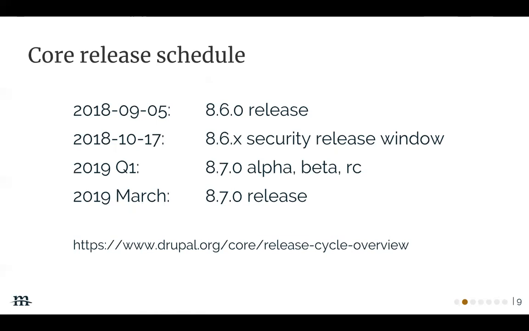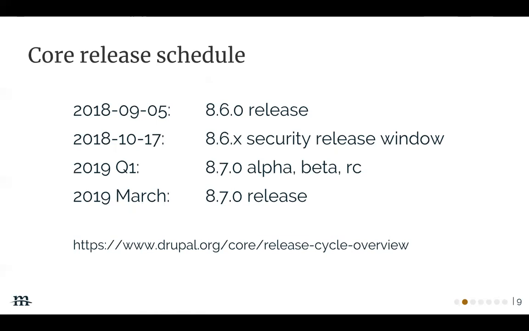release cycle, so 8.6.0. That means it is the first stable version of the 8.6 release branch, and at that point, it's worth noting all previous versions lose support for security updates.